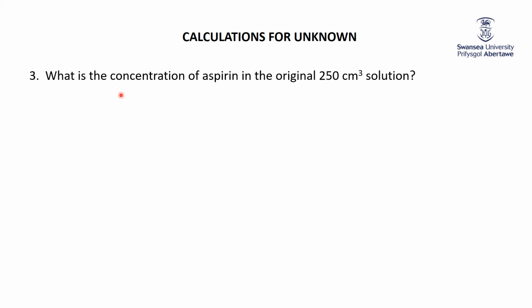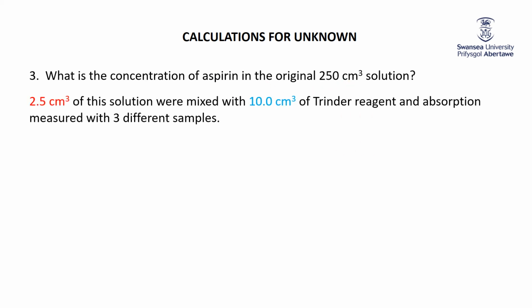Now, 1 sodium salicylate comes from 1 aspirin. So what was the concentration of aspirin in the unknown 250 cubic centimeters solution? Well, let's see. I took 2.5 cubic centimeters of that solution and diluted it with 10 cubic centimeters of Trinder's reagent and measured that absorbance.